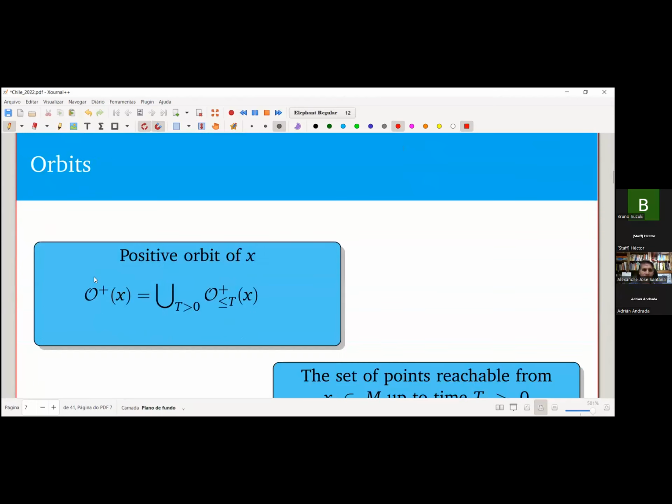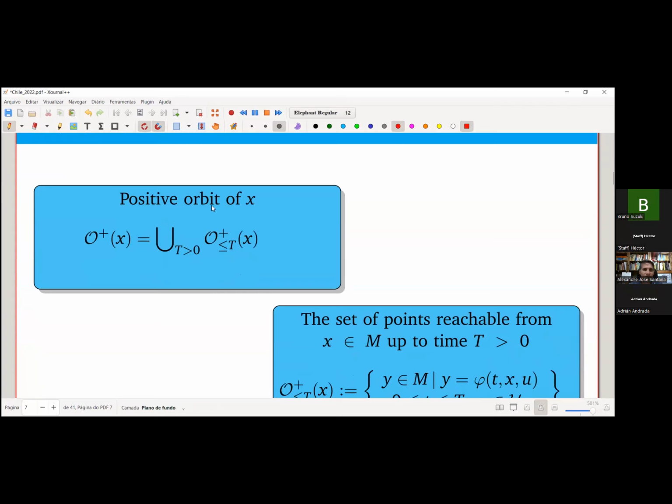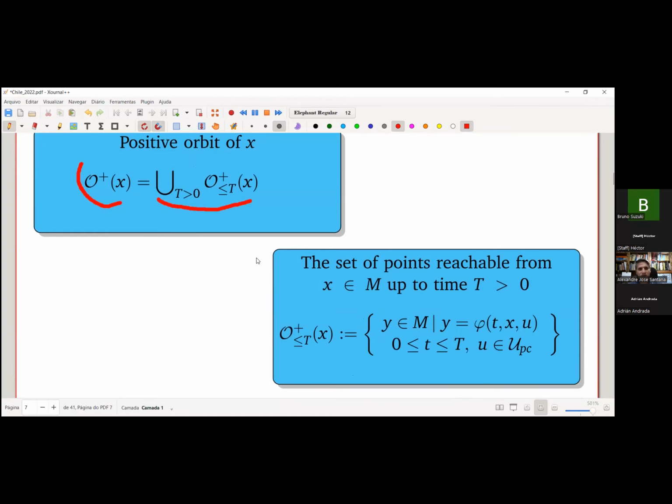Now we have another concept. This is the positive orbit. The positive orbit here is given by this union, where this term is given by this equality here.